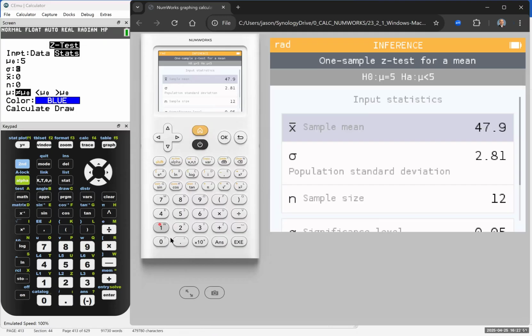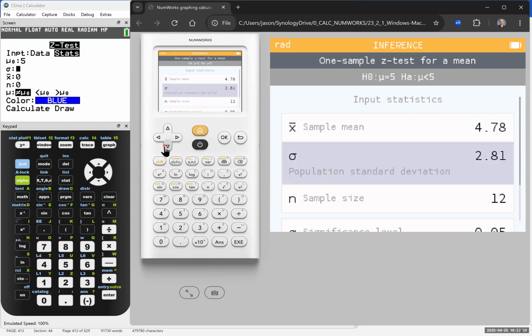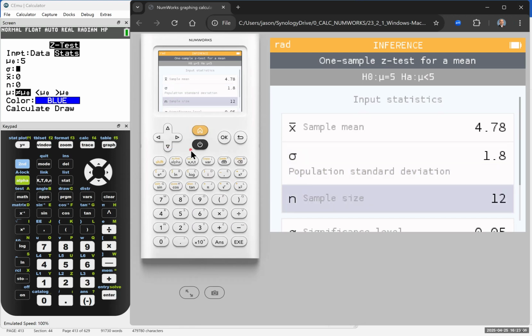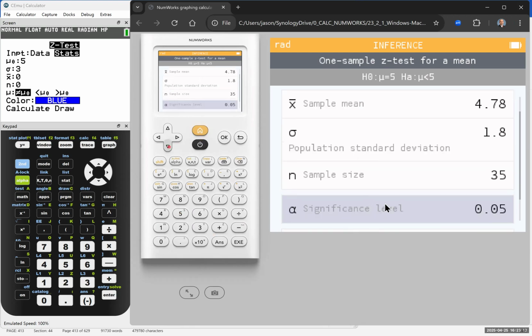Okay, so I'm going to put 4.78 over here. Then we've got a population standard deviation of 1.8 and a sample size of 35 and a significance level of 0.05.